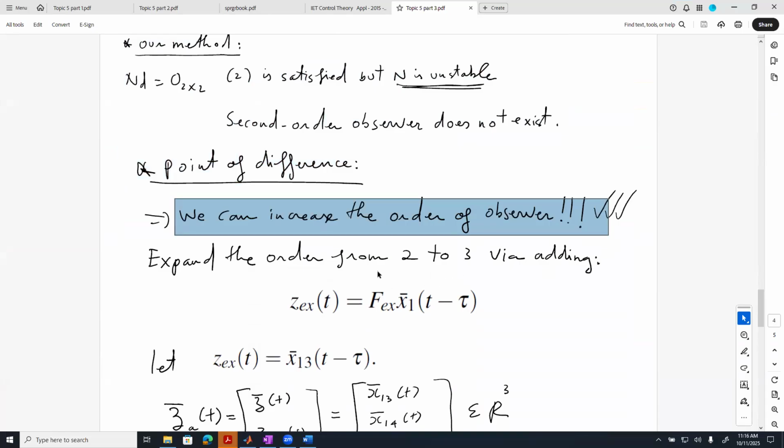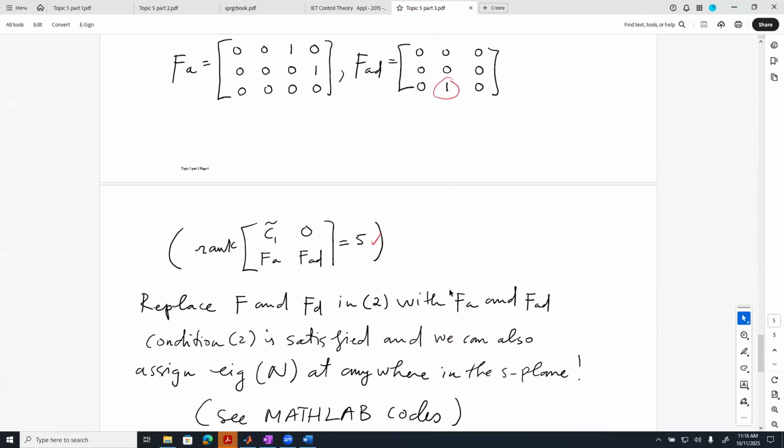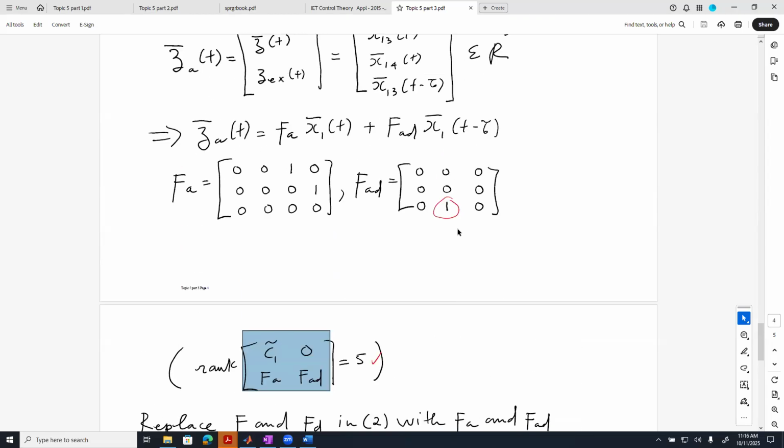The reason why we can is that when we look at this new thing here, if we add in an additional delay term or additional delay functional in there, this rank is not full yet. It's still a row matrix.